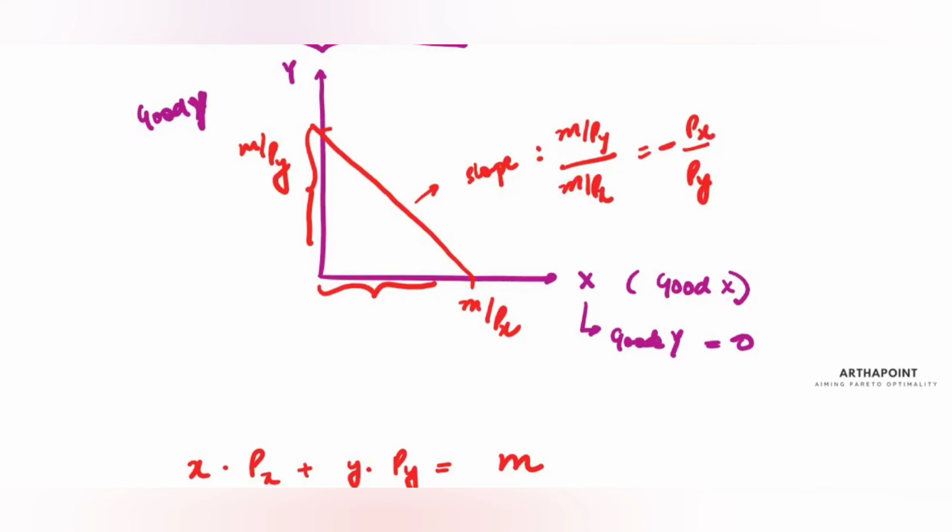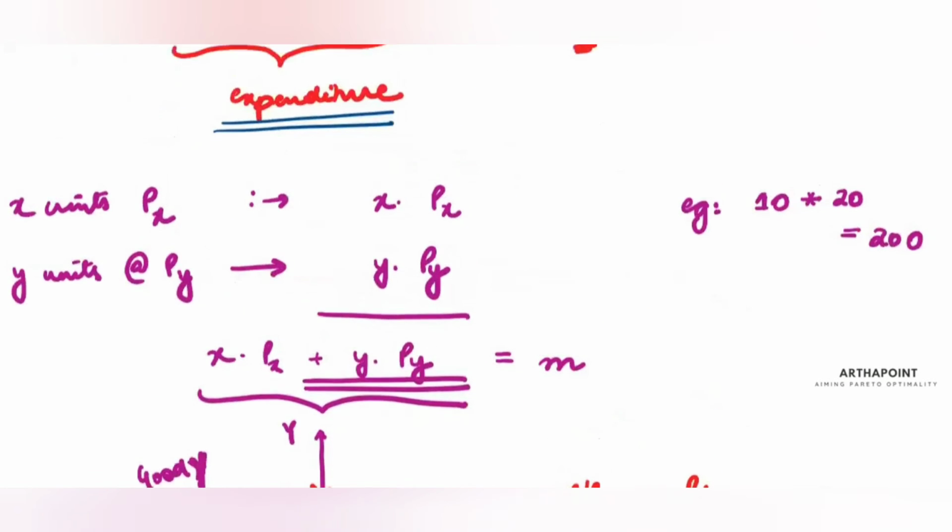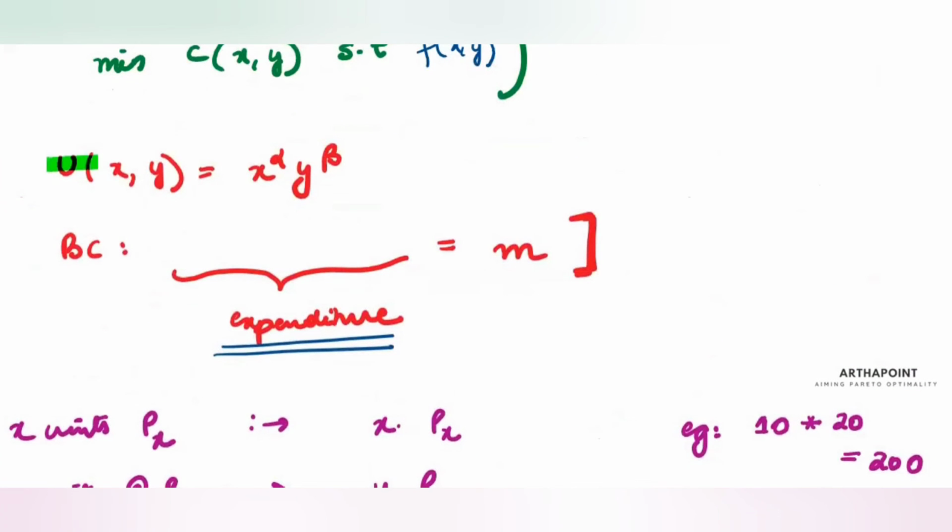These are some of the important chunks of budget line. The slope is Px by Py. Intercept on the x-axis is M by Px. Intercept on the y-axis is M by Py. And the aim is to go ahead and maximize your utility function.